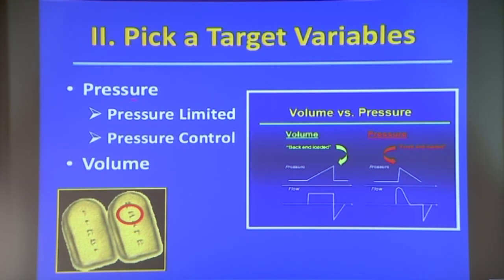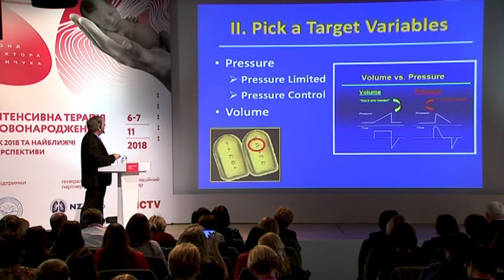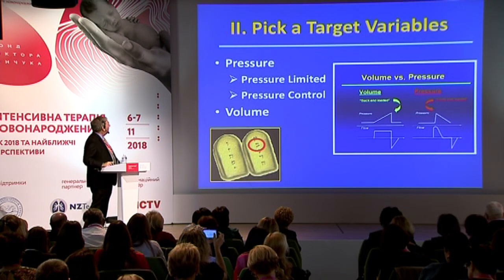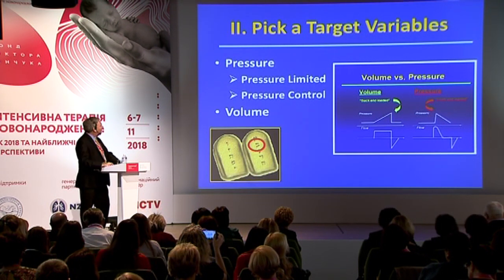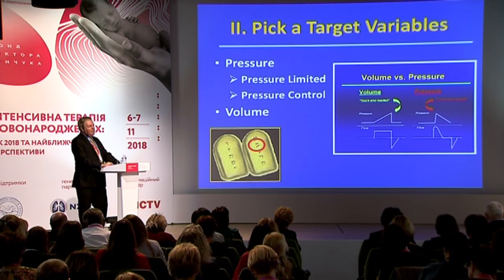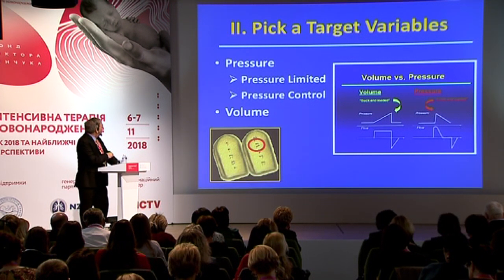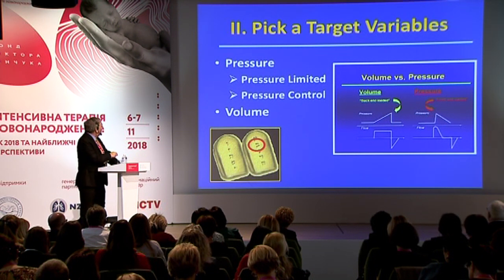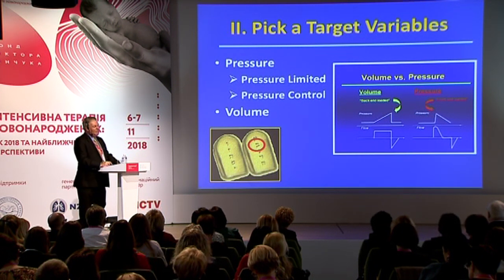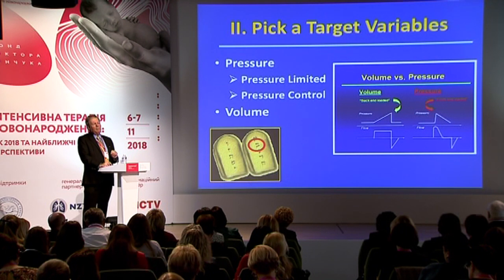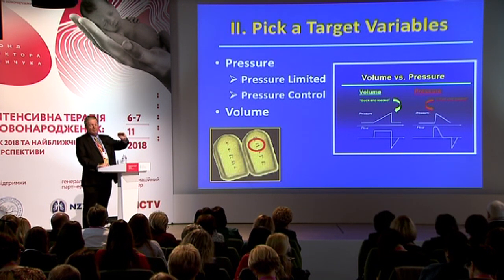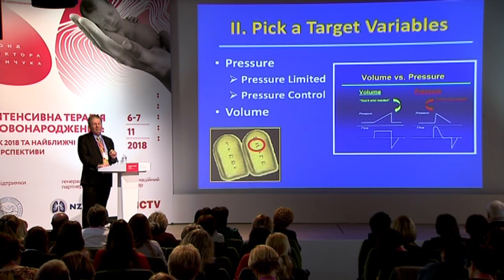Among pressure-targeted modalities are pressure-limited ventilation, and I think there are still a number of ventilators in use that provide pressure-limited ventilation, or more currently, pressure control ventilation. The main feature of both of these is that you, as the clinician, tell the ventilator what peak pressure you want to be delivered, and the ventilator will stop the breath when that pressure has been reached.